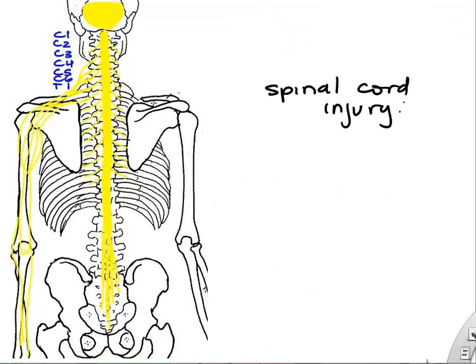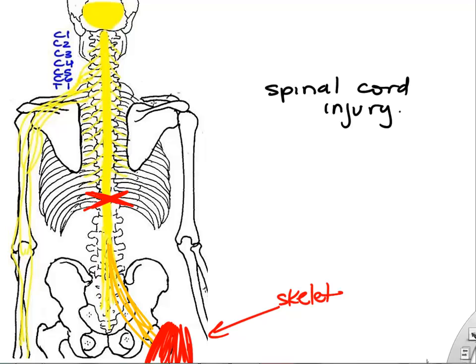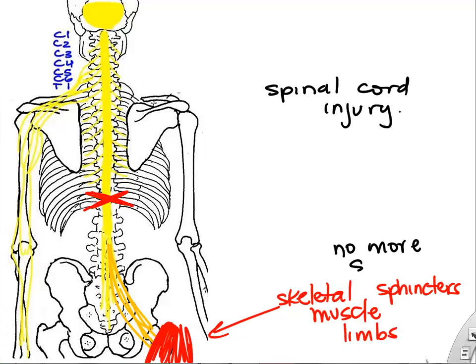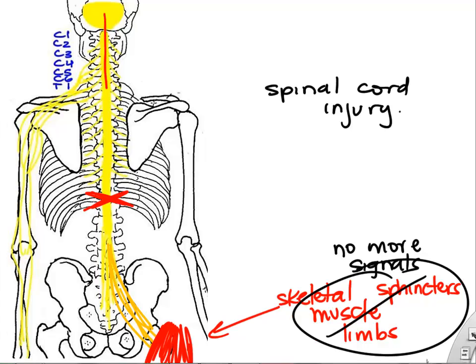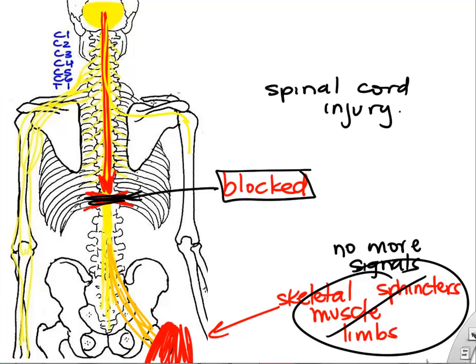Spinal cord injury is sort of interesting. So remember, if you injure your spinal cord, all the nerves below the injury will not be carrying signals. So skeletal muscle below that injury, or sphincter muscles below that injury made of skeletal muscle, will no longer receive signals and will no longer work. So you might lose control, say, of your legs in that case.